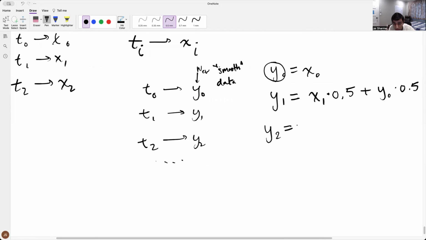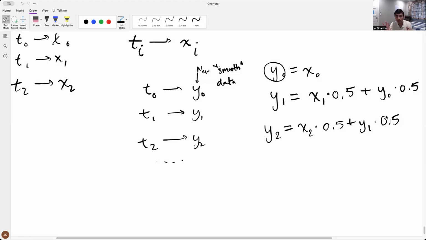And so let's say y2 is equal to the new value of x, so x2, times 0.5. So we take in half of the new signal plus y1 times 0.5. You might be thinking, why am I doing 0.5 and 0.5? It's because 0.5 plus 0.5 is equal to 1. So in total, my coefficient is 1.